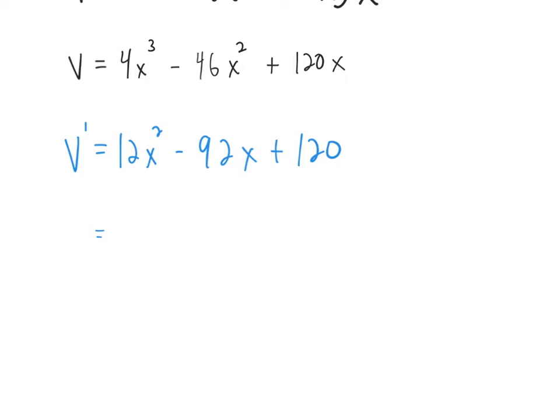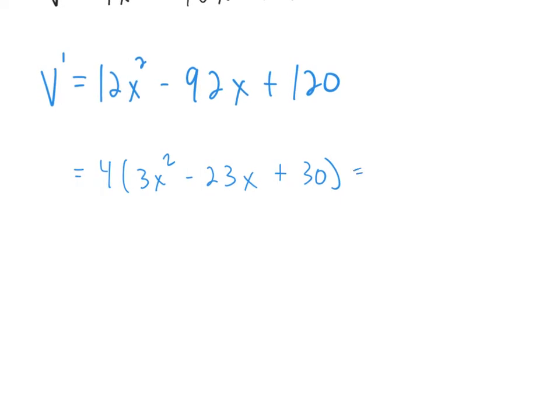See, 6 goes in there. Okay, so this 3. And then that'll be, whoops, not 3. That's 4. 4 goes into all those, yeah. That'd be 23x, I think. 23, yeah. 30. Okay, now we'll set this equal to 0.